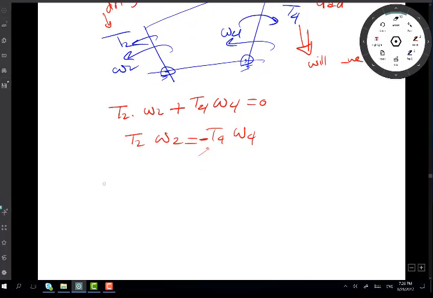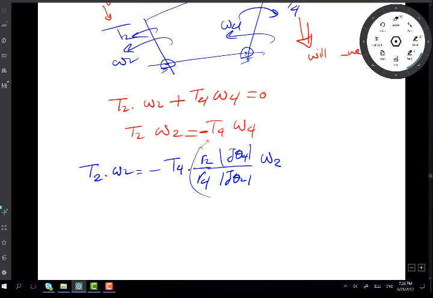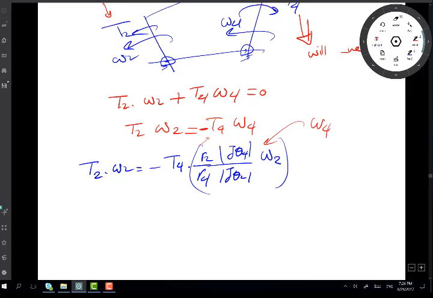So T2 ω2 is equal to minus T4 ω4. I'm going to substitute information from my velocity analysis. If you remember from velocity analysis, ω4 was equal to R2 over R4, J θ2 underneath here I had J θ4, times ω2.